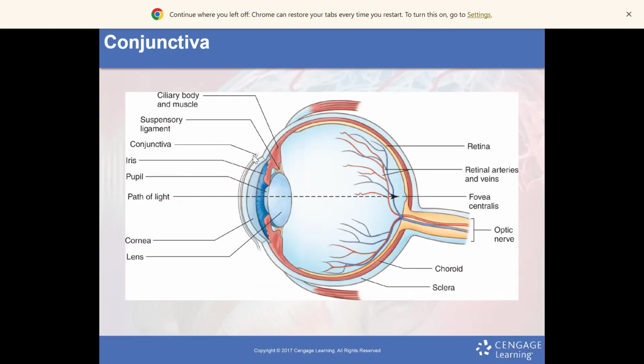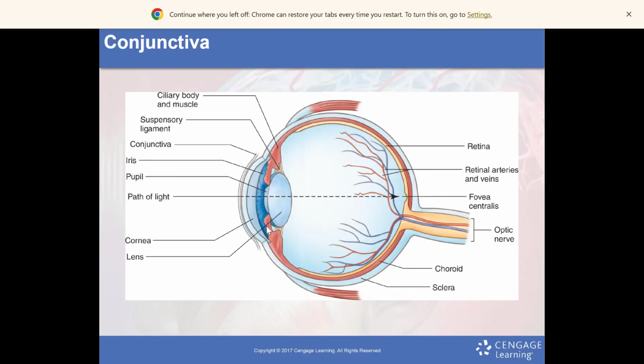Now let's go beneath that. Let's go underneath the conjunctiva. Let's go underneath the sclera. And the first window that we're going to get into here is the cornea. It is known as the window of the eye. It allows light into the eye.